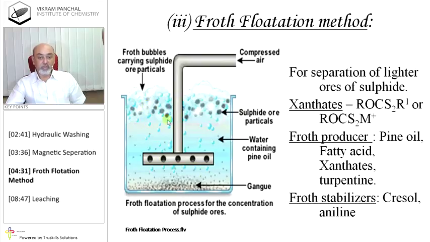Along with the froth, the sulfide particles, which are very light in weight, will come on the surface, and you can collect that, and heavy particles of gangue will remain at the bottom of the beaker or vessel. So this is the froth flotation process for the concentration of sulfide ores.